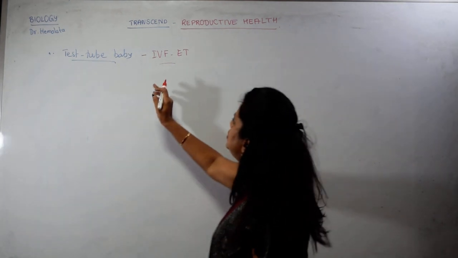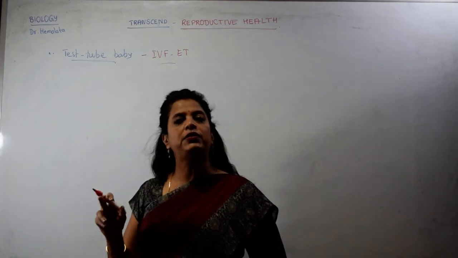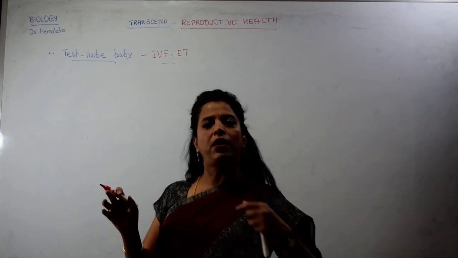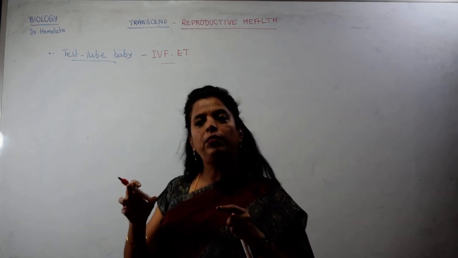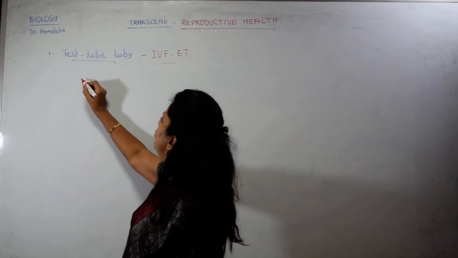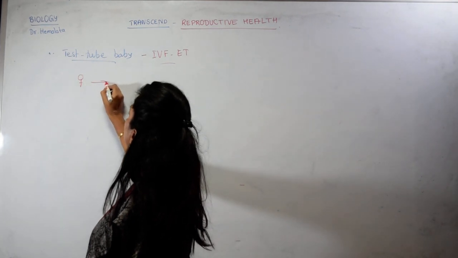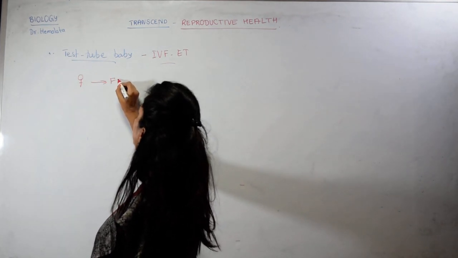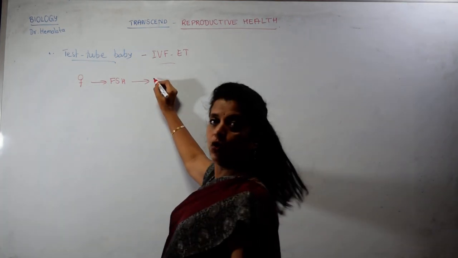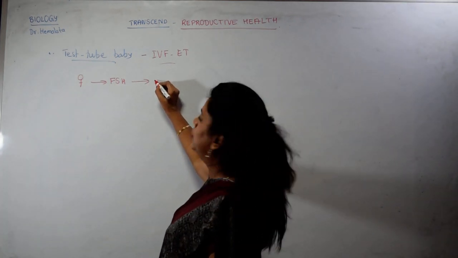In vitro fertilization happens outside the body. Suppose a couple doesn't have children; then the female is allowed to produce more eggs by giving her injections of FSH hormone. So she will produce more ovules, more eggs.